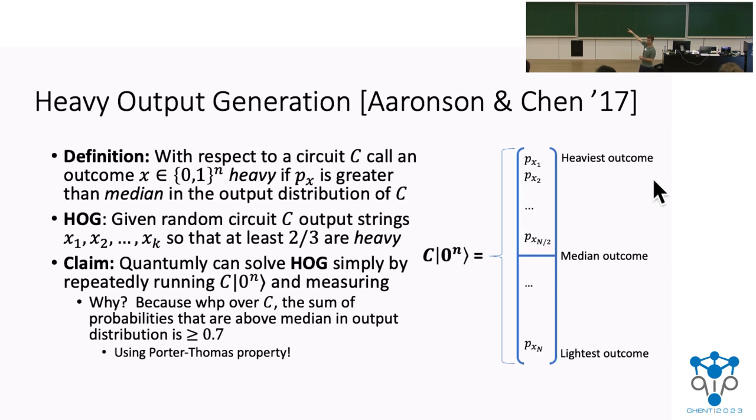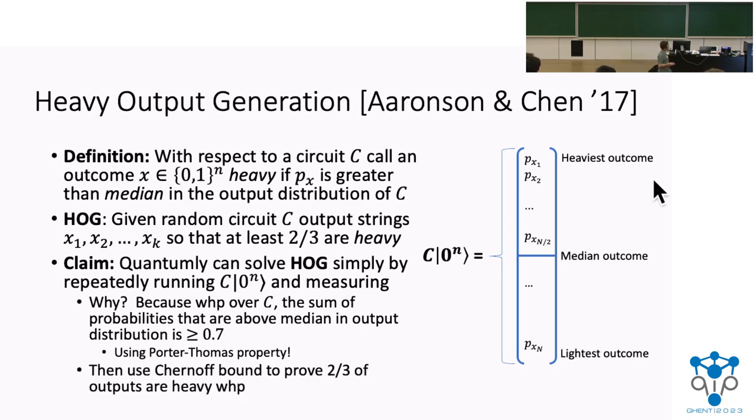It's obvious that it's greater than or equal to half, and in fact, with Porter-Thomas, you can show it's a constant above a half. Because of this, it's now easy to use a Chernoff bound to prove that if we keep sampling from the output distribution of this circuit, 2/3 of the outputs are heavy with high probability. So if you can sample from the output distribution of a random circuit, you can solve this heavy output generation problem.